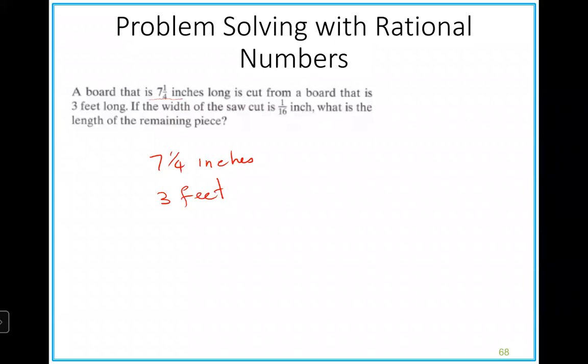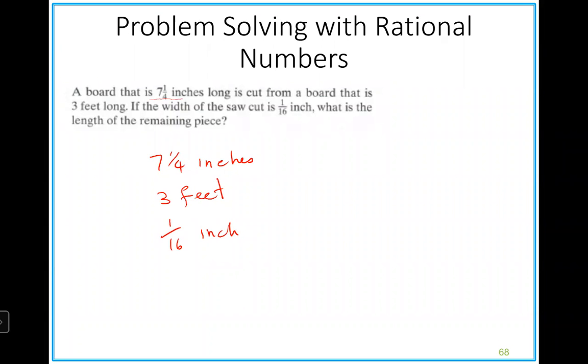But we have a piece that is 7 1/4 inches that's cut from it. Plus, we have the saw, 1/16 inch from the saw was cut from that 3-foot piece of wood. So they want to know what is the length of the remaining piece.